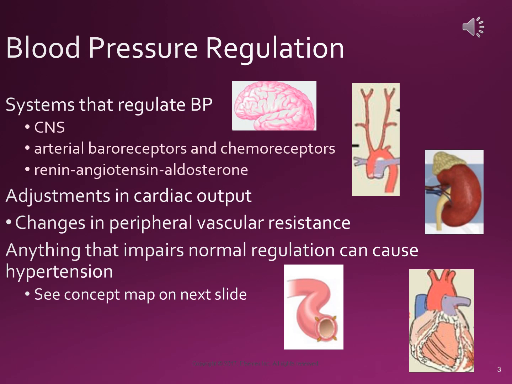When your cardiac output changes, your blood pressure will adjust to try to maintain that. Any change in peripheral vascular resistance will change your blood pressure, and anything that impairs normal regulation, in your kidneys or wherever, or in your vasculature, can cause hypertension.